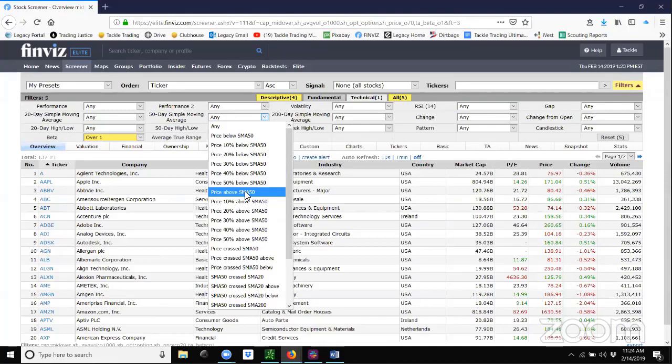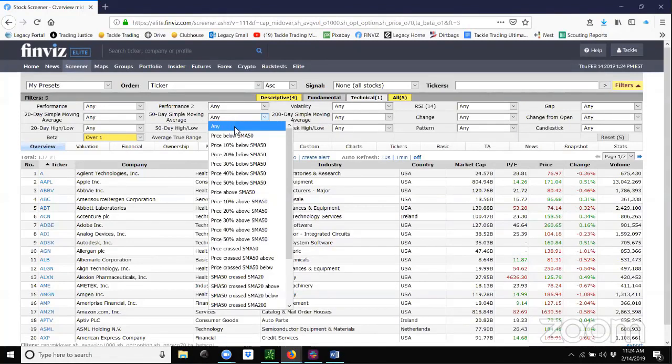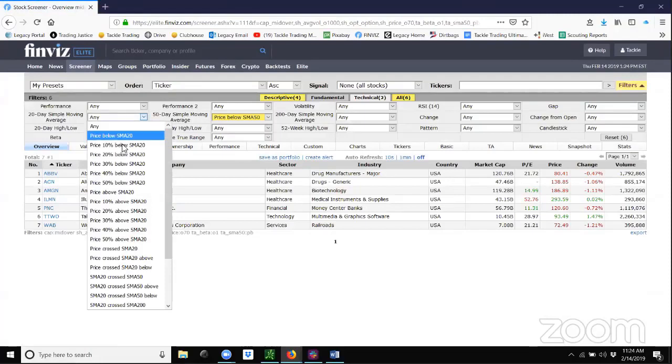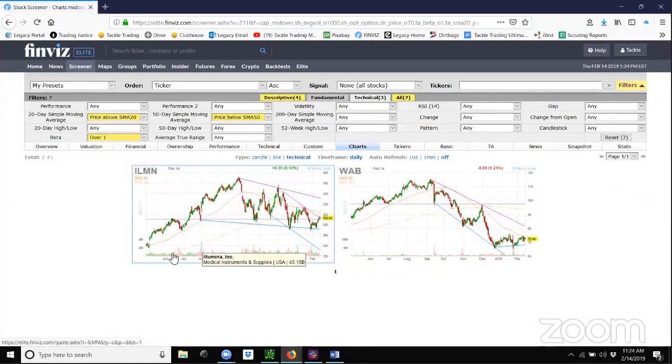So what I'm going to do is I'm going to say, okay, give me a stock that is below, say, its 50-day moving average, right? But give me a stock that's above its 20-day moving average. And let me show you. And what you'll see here is on Illumina, you have a bearish downtrend into a bearish retracement.